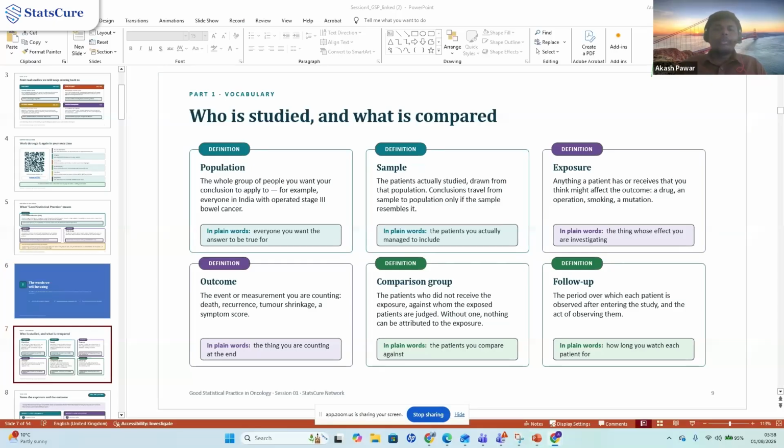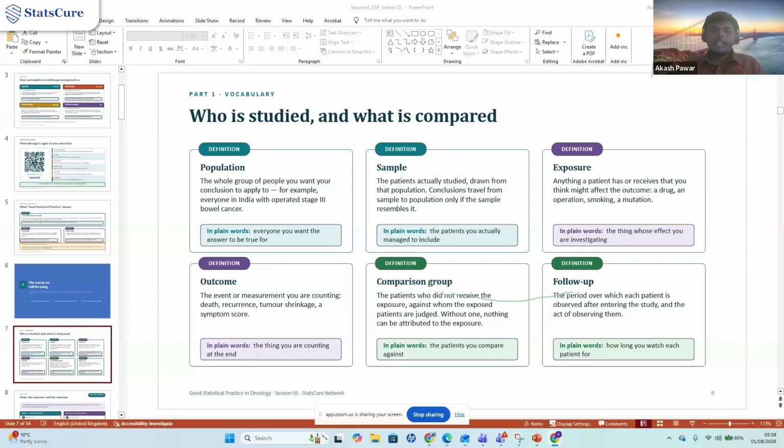The whole group of people you want your conclusion to apply to. For example, everyone in India with operable stage 3 bowel cancer. So your treatment is going to work or not work on stage 3 bowel cancer. These are your population or the cohort. We need to understand this, outline it, and take this kind of patients.